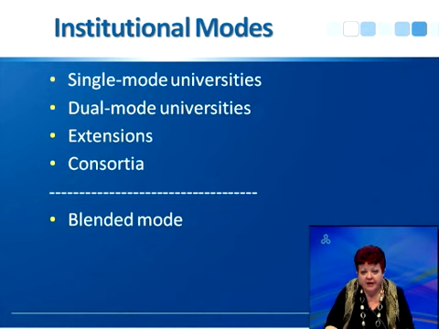As for consortia, right now we have many consortia, which means that several universities and colleges, higher education institutes, sometimes also universities and companies of the corporate world, join forces in order to provide academic programs in various forms. And again, the blended mode can be manifested in all of these types, and we'll explain it a little bit further on.